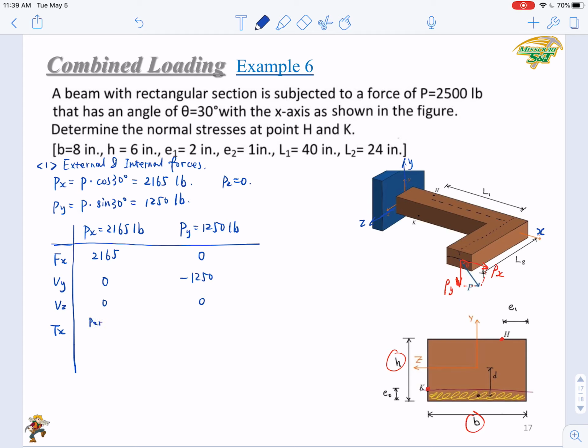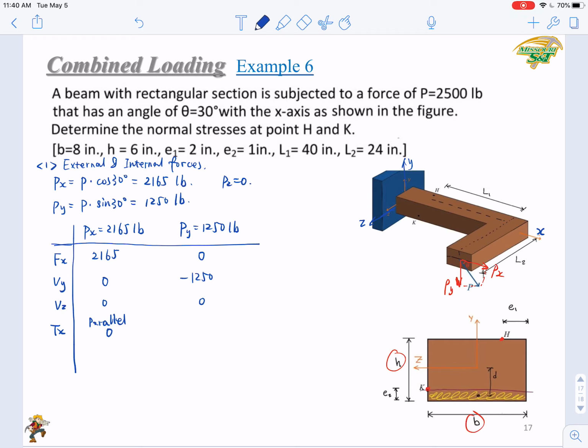Parallel. So this is 0. So how about Py? Will Py make a Tx? Yes, right. So what is the arm? The arm is L1 or L2? L2, right?